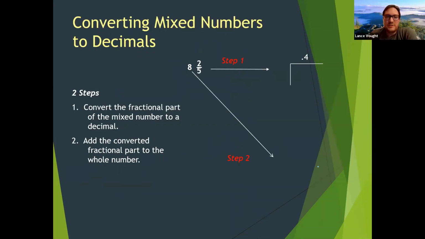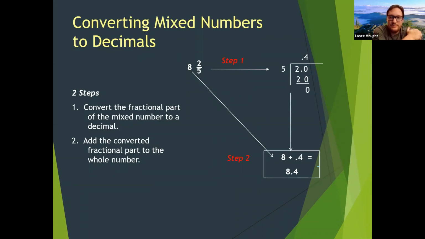So converting mixed numbers to decimals. First step is to figure out the decimal part. Now, this is a little bit different than before, where you had to multiply the whole number times the denominator and add it.